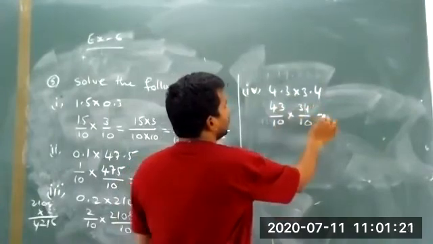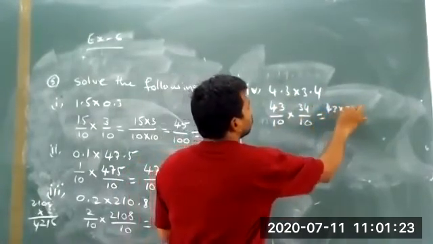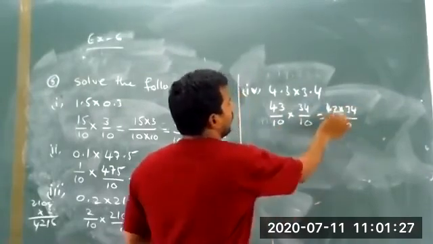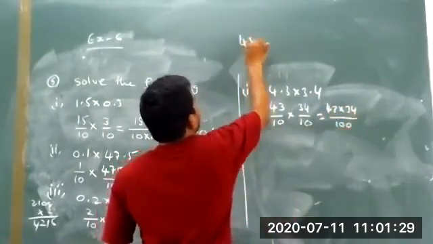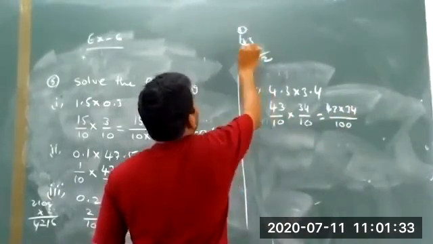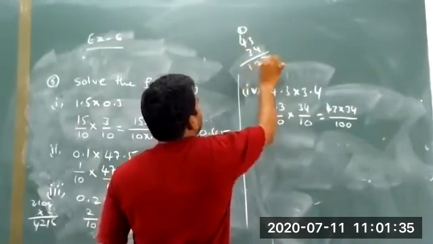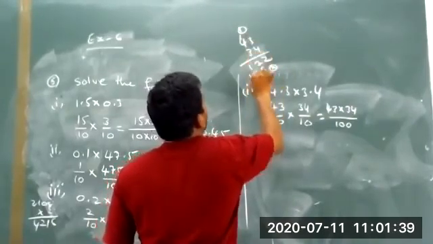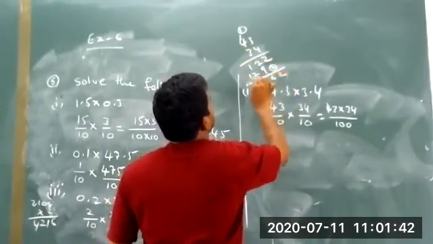So 43 into 34 by 10 into 10, which is 100. So 43 into 34. 4 times 3 is 12, 1 carry. 4 times 4 is 16 plus 1 is 17. 3 times 3 is 9. 3 times 4 is 12. 2, 16.